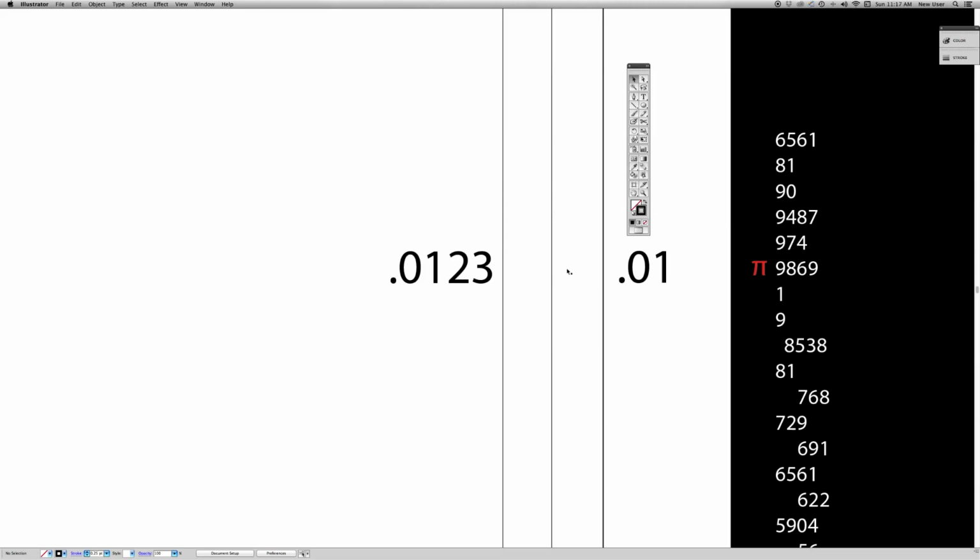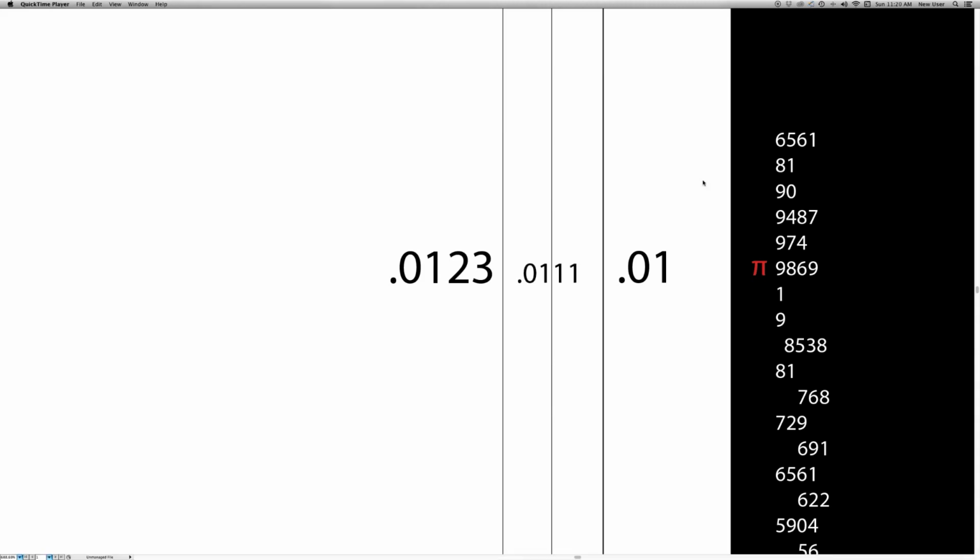And the strength of the radiance at 0.9487, it's going to be the square of 9487, which is 90, and that's a 90th, but 100 divided by 90 is 0.0111 recurring. And that makes the whole thing inverse logarithmic and inverse exponential.